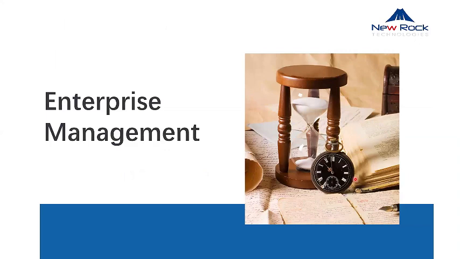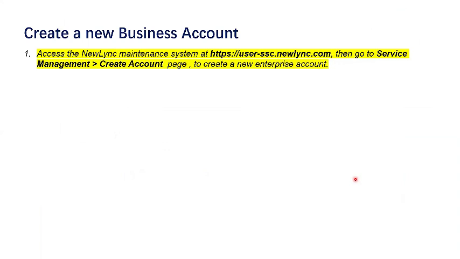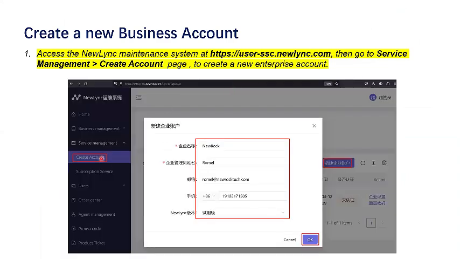Okay, so how to manage the enterprise management? We need to create a new business account. So you need to access the Newlync maintenance system again, then go to service management, then create account. So say for example here, I need to create an enterprise account. So input my name, department, and the information that is required.